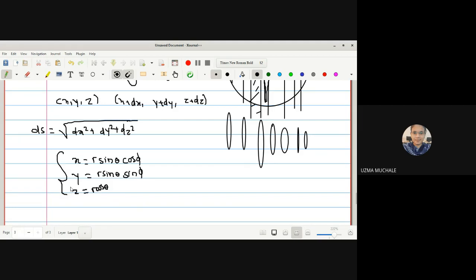Okay, these are the relations between the Cartesian coordinates and polar coordinates. Now what is r? R is the radius which is fixed. Correct, the radius of the sphere which is constant.